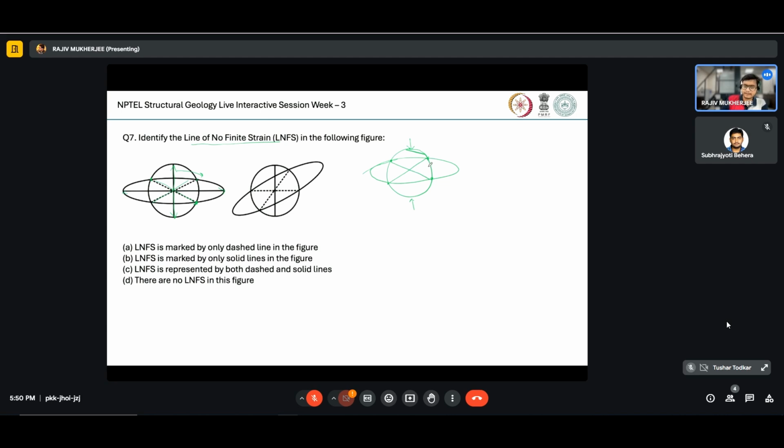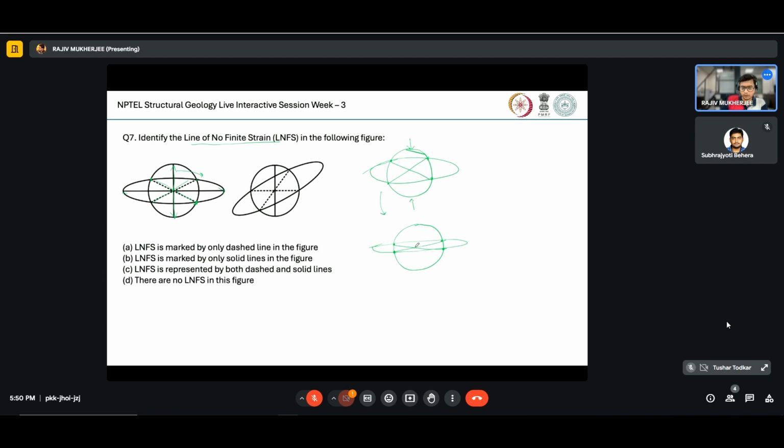Now with progressive shear, the ellipticity of the strain ellipse will change, and so does the point of intersection. But eventually, if you join them, you will find that the lines are not changing their magnitude.